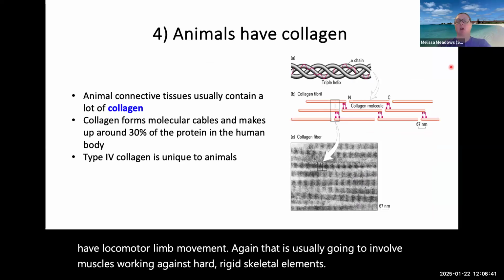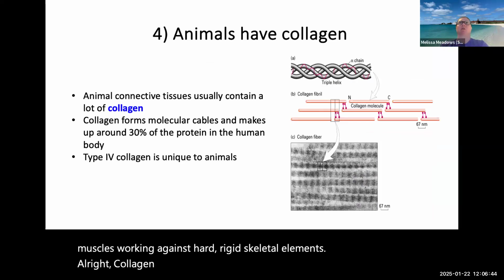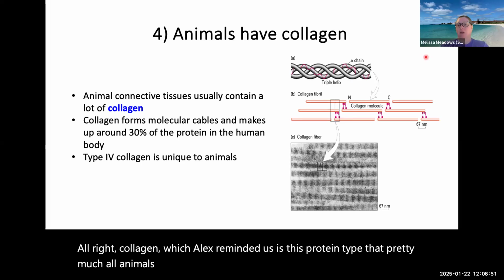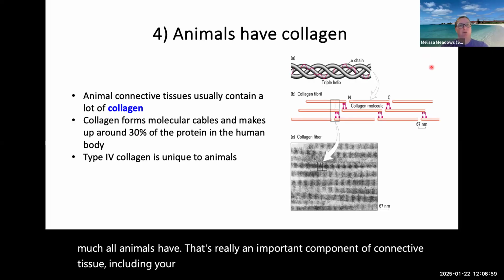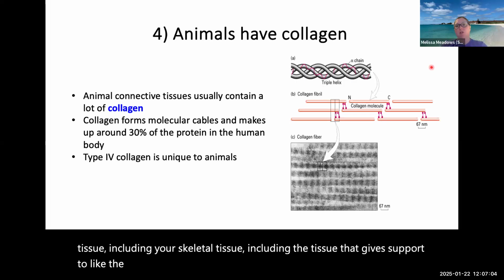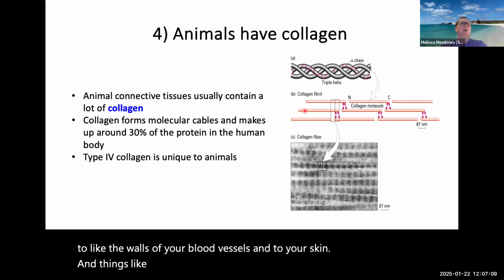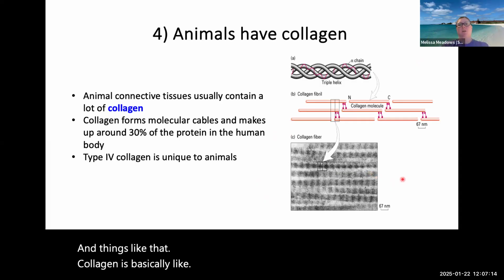All right. Collagen, which Alex reminded us, is this protein type that pretty much all animals have. That's really an important component of connective tissue, including your skeletal tissue, including the tissue that gives support to the walls of your blood vessels and to your skin, and things like that. Collagen is basically like a cable. It's like molecular ropes.